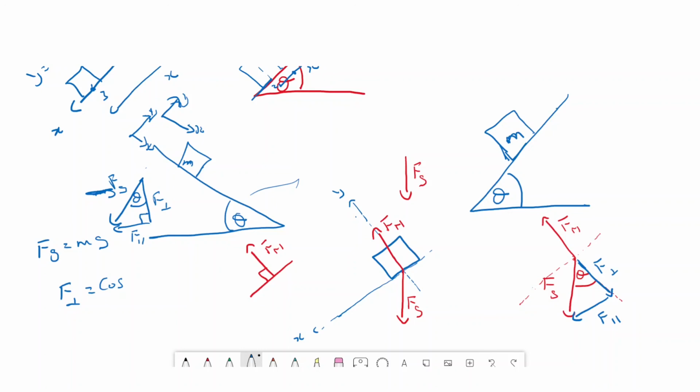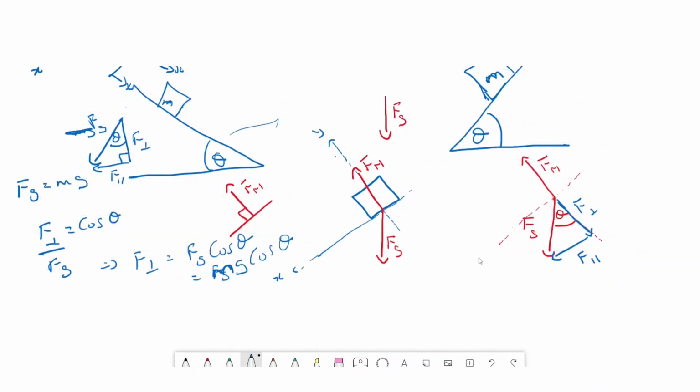Actually, let me just do it like that. Let me just say cos of theta divided by Fg, which means that my F perpendicular is going to be Fg cos of theta, which is mg cos of theta. What about my F parallel, which is that component here?